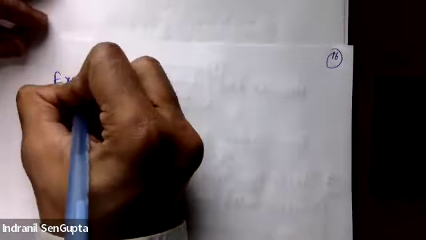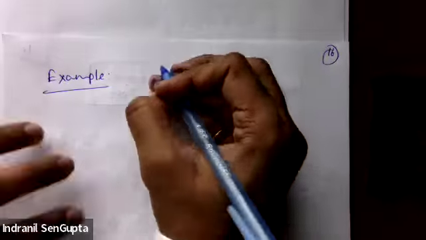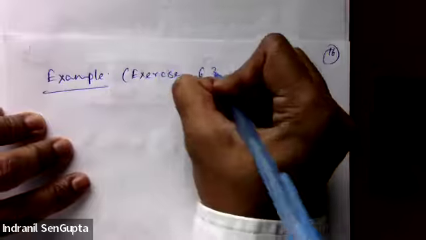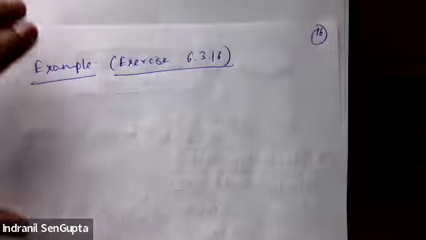So here is an example, and this is exercise 6.3.16. Okay, so let's discuss this one. So it goes like this.